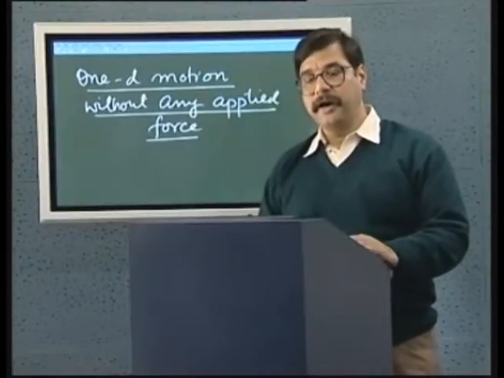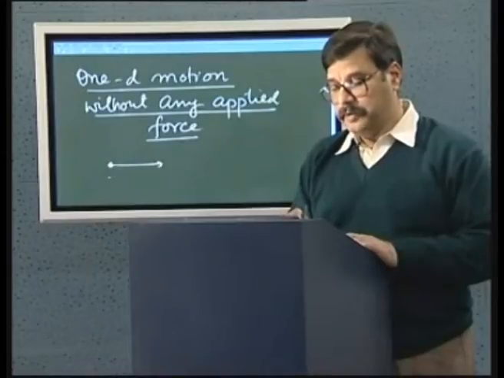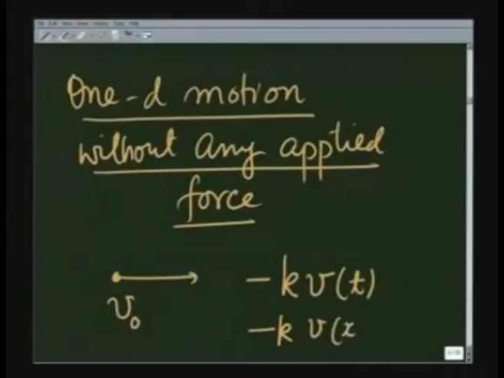Therefore, initially I have to throw the particle with some initial speed v0, and as it moves along it experiences a force which is minus k v. v is changing with time, or I can also write v is changing with the distance. Let this direction be x direction, that's why I've written x here.